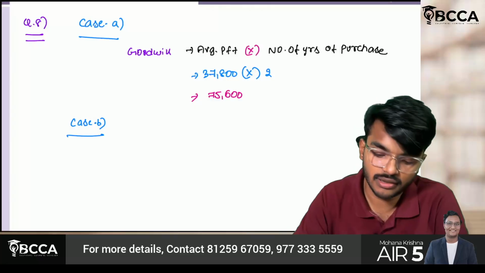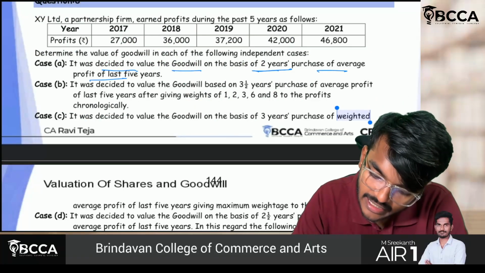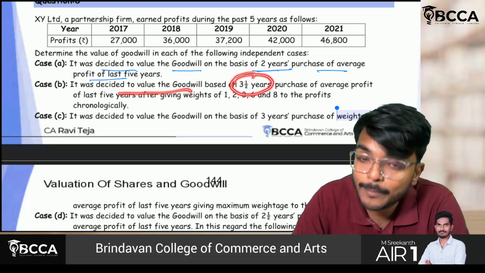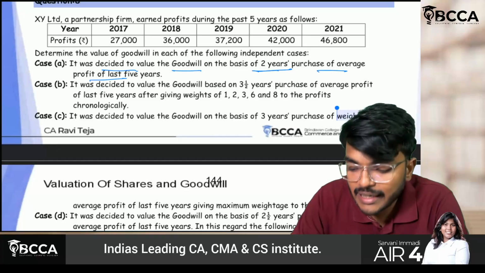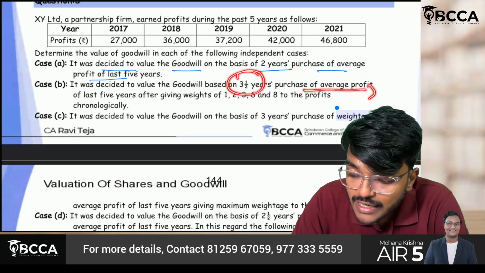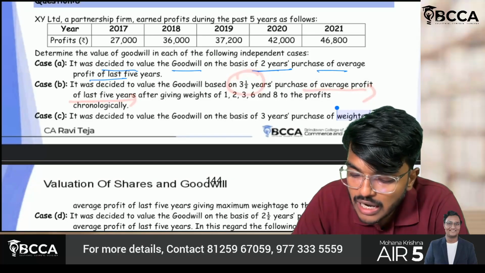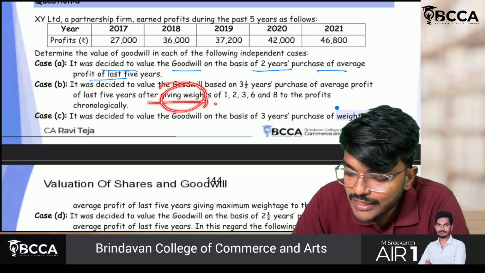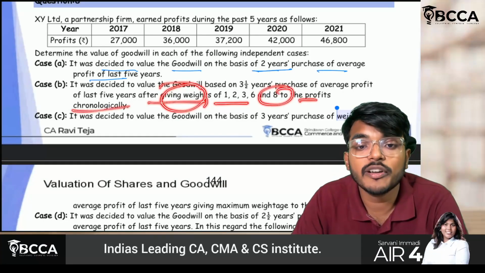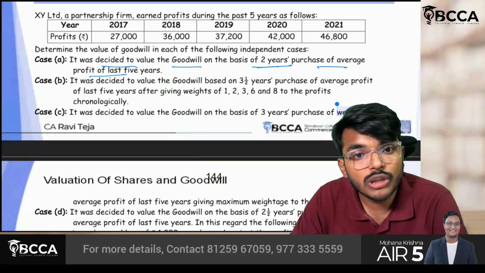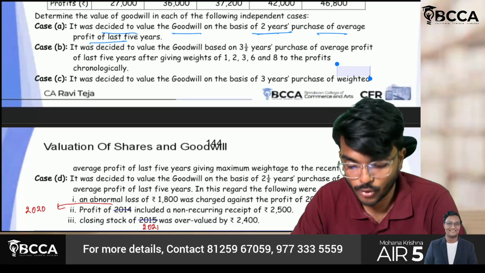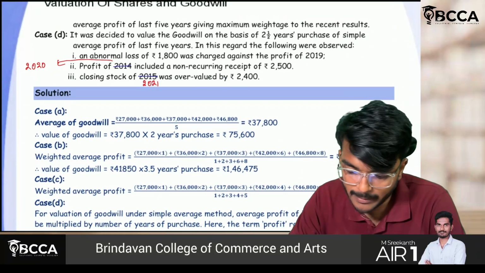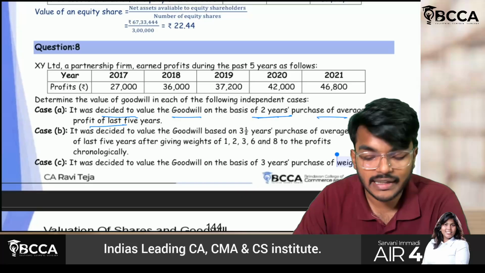Case B, they are saying it was decided to value the goodwill based on 3.5 years purchase of average profit of last 5 years after giving the weights of 1, 2, 3, 6, 8 to the profits chronologically. We have to apply the weights.